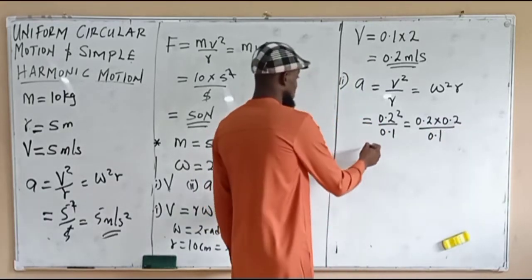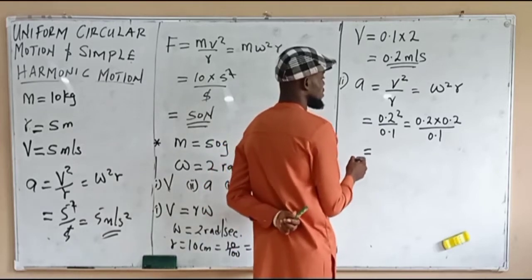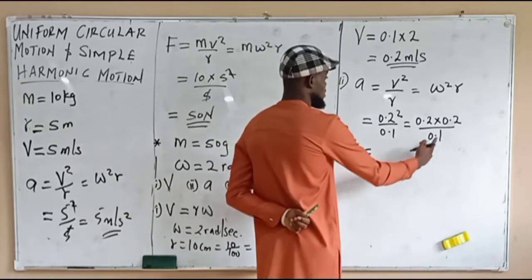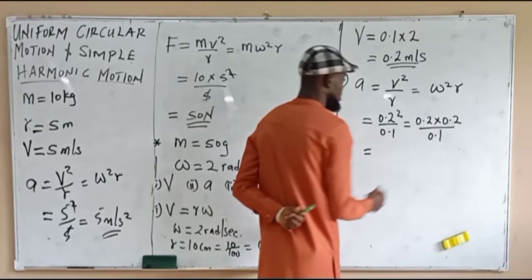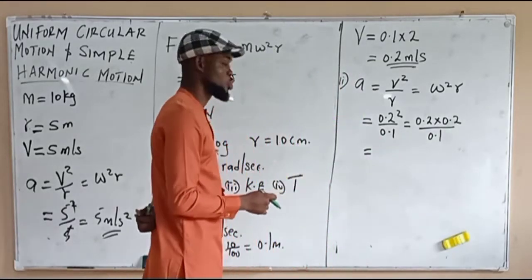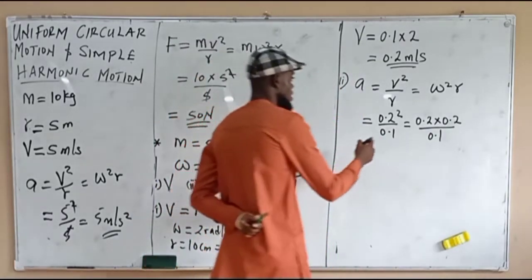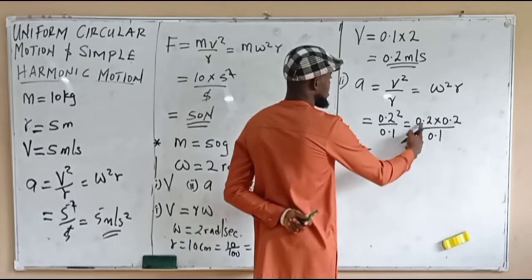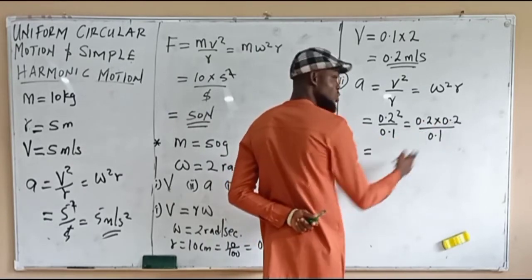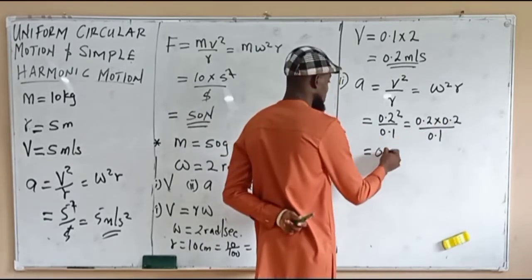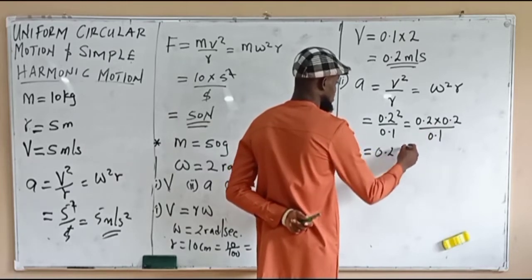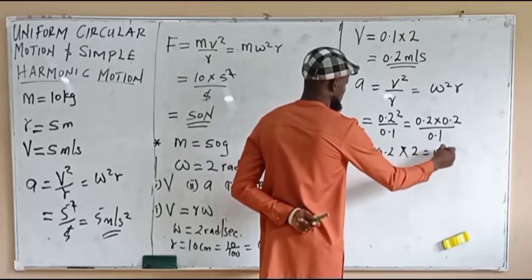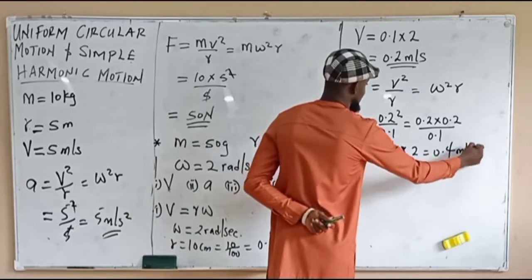The 0.2 squared gives 0.04, and divided by 0.1 gives us 0.4 meter per second squared.